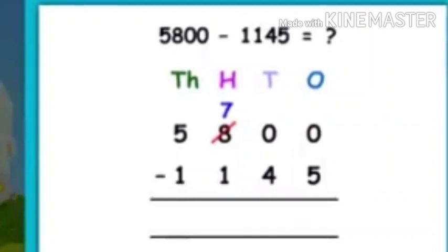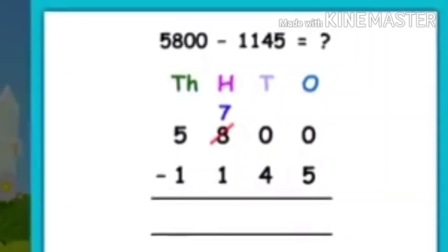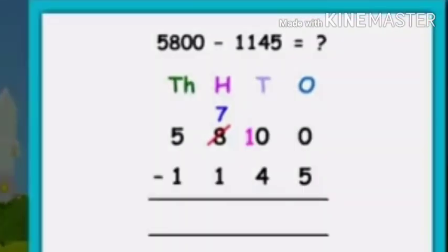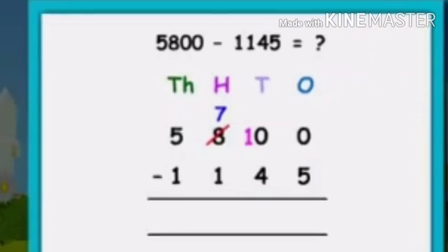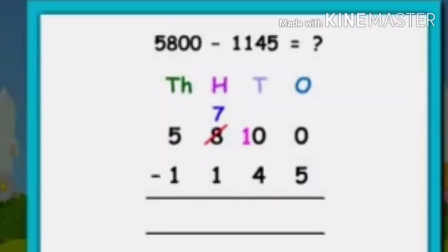He reduces one number from itself and becomes 7, and he gives one number to tens, and it is added in the tens place and it now becomes 10. Now the tens place also wants to give one number to his neighbor ones.